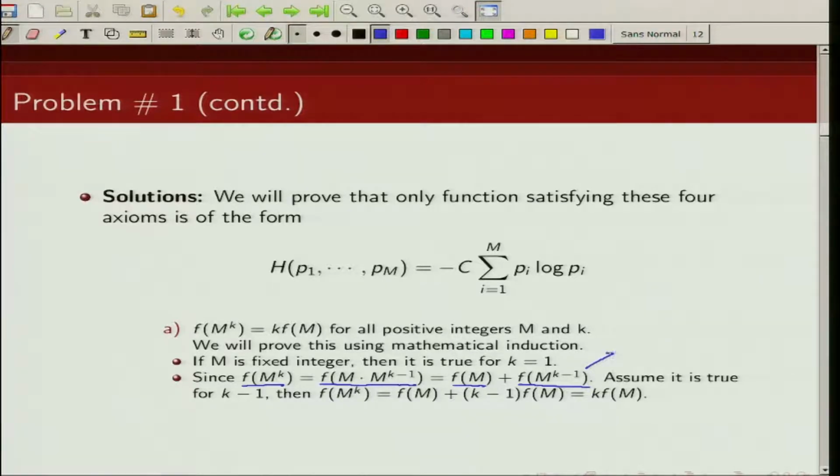Now since this holds true for k minus 1, this would be given by k minus 1 times f of m. So this when I add with f of m becomes k times f of m. So this also holds for k. So from mathematical induction we have shown that this holds for positive integers m and k.